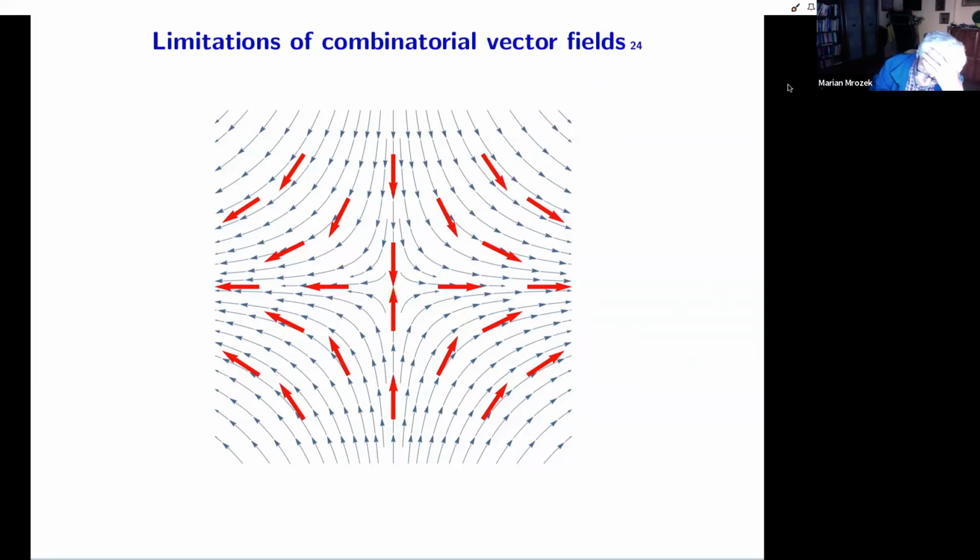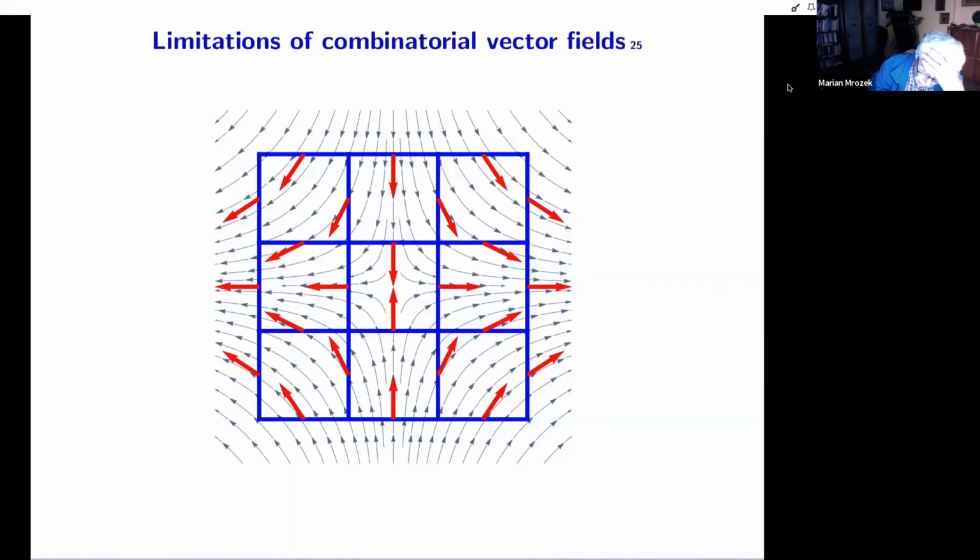And imagine that we discretize the space. Just for simplicity, this time I take not a simplicial complex, but a cellular complex with cells consisting of squares. But you can do the same example with triangles. It's just that the picture is slightly more complicated, and you see the same problem. So the problem is not that we switch from triangles to squares.